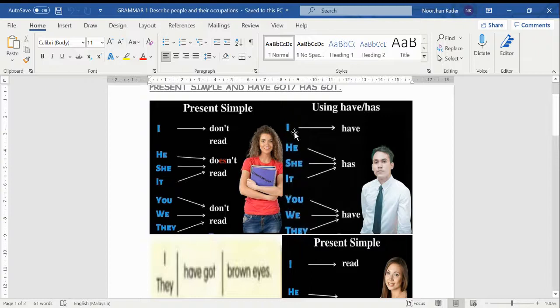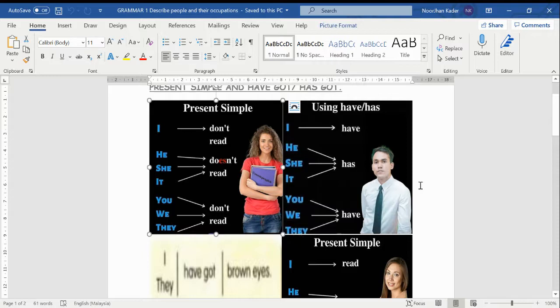Let's see. I have. Again we are using all the pronouns. All these pronouns are the subject of a sentence. When you start a sentence, you have to have a subject at the beginning. But the subject can be a noun, that means it can be a person's name.